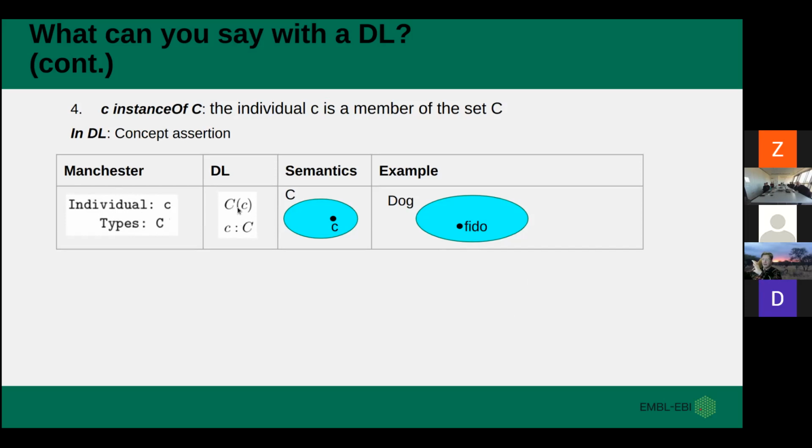One is C, then the class C, and then in brackets the individual C, or you can have C colon and then the class C.